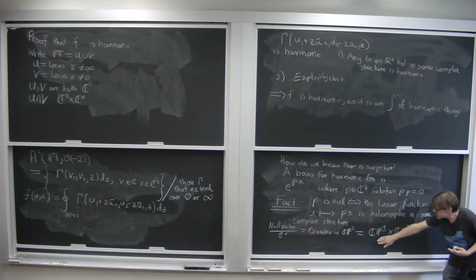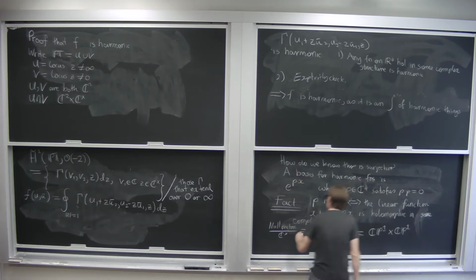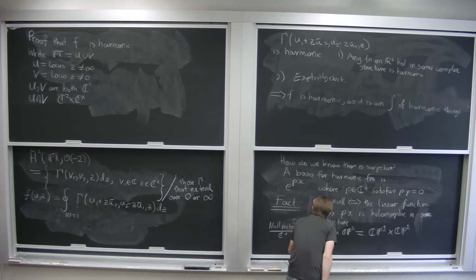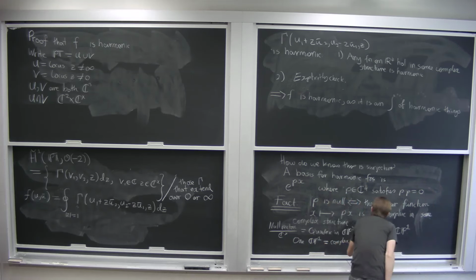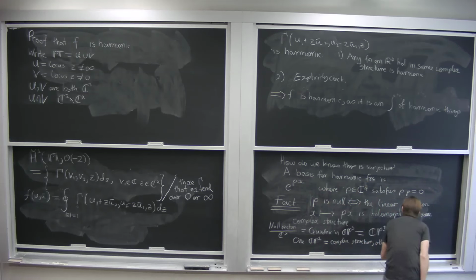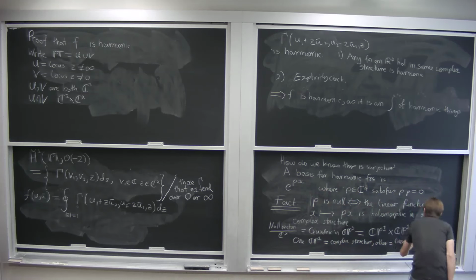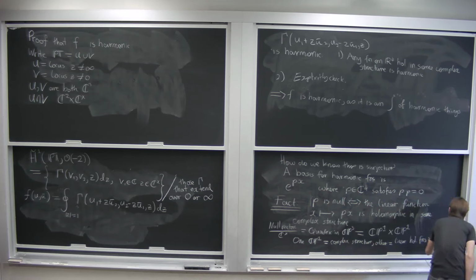So for these two CP1s, one of them is the complex structure, and the other is equal to the linear holomorphic functions in that complex structure.